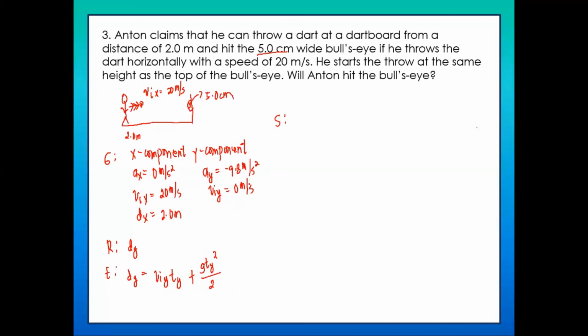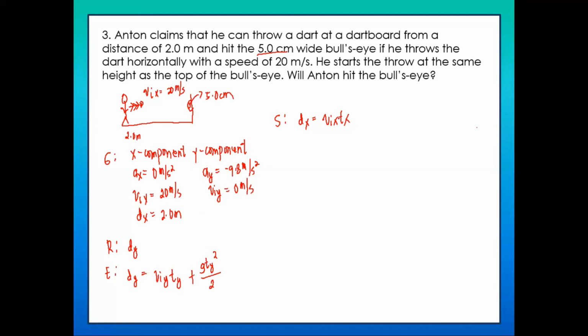Since d sub x and v sub ix are given, we can use the equation d sub x equals v sub ix t sub x. We can use this to compute the time. Why can't we use the time of flight, sir? Because we don't have the value of d sub y. Remember, time of flight is computed as the square root of 2 d sub y over g. We don't have d sub y yet because that is the unknown.